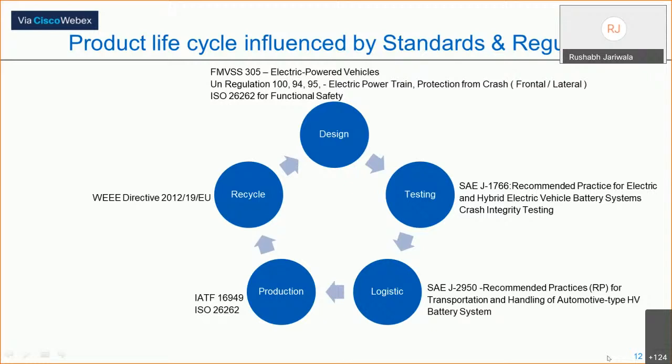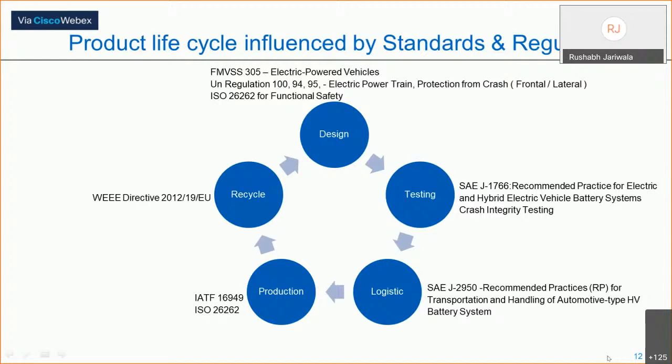Another one is UL regulation 100/94/95, that is I would rather say global, which similarly defines certain requirements for the EVs. And then of course ISO 26262 is there for functional safety. That basically takes care of how to select the architecture, how to do the software design and so on.